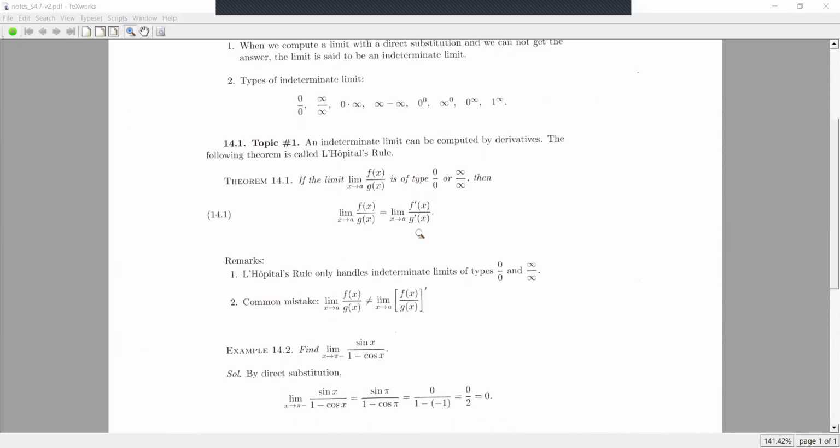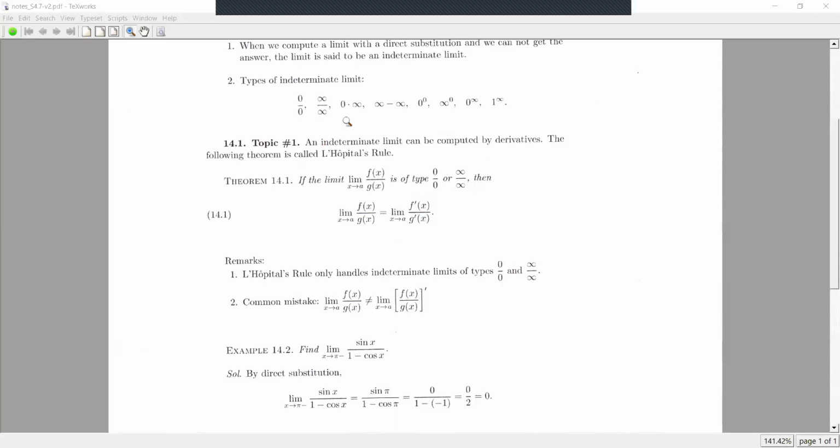About L'Hopital's rule, two things we need to pay attention to, okay? One, L'Hopital's rule only handles indeterminate limits of type 0 over 0 and infinity over infinity. That means L'Hopital's rule can only handle the first two types of indeterminate limits.